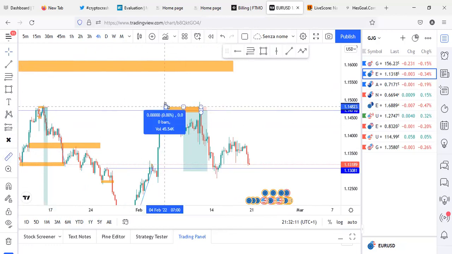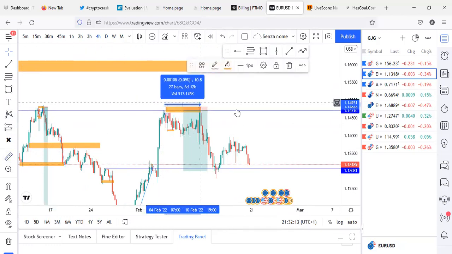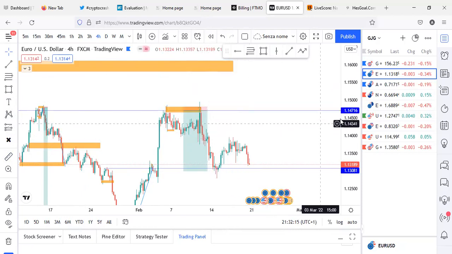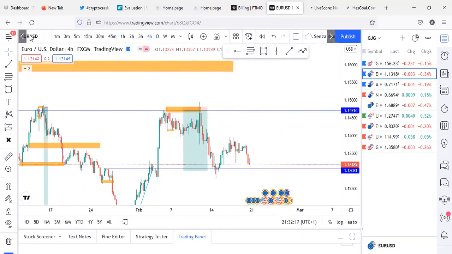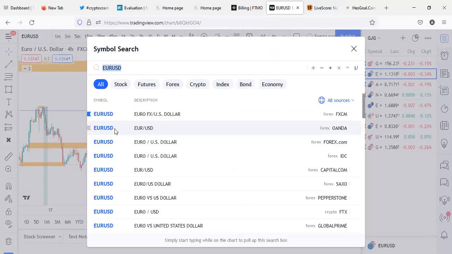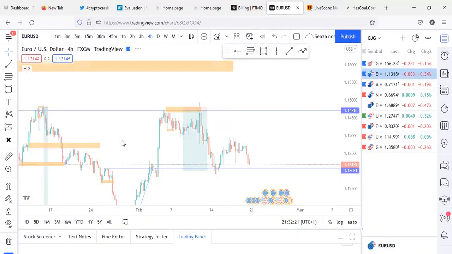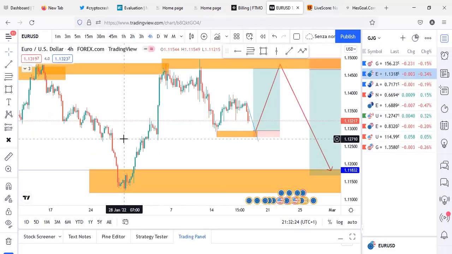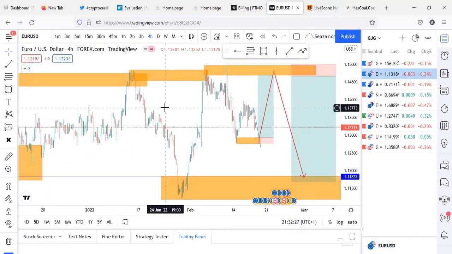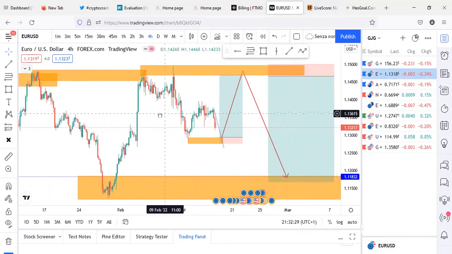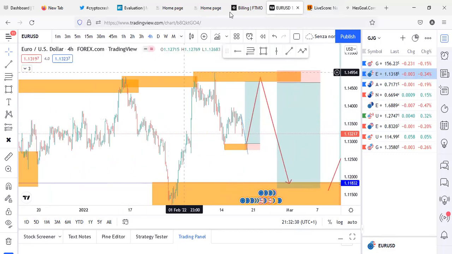But this one that is just like 6 days, it became stop hunt. So that's just the idea behind it. The more time it takes to get to the area of interest, the less tendency it is to become a stop hunt. Yeah, so that's it.